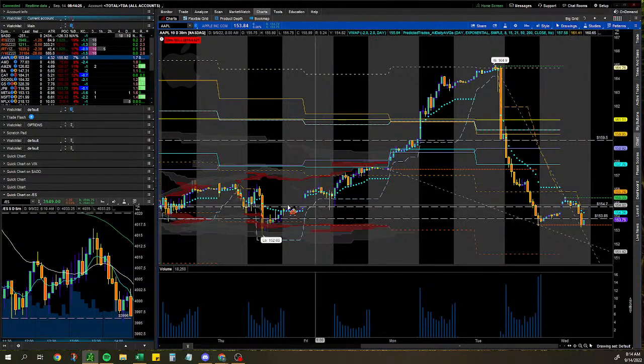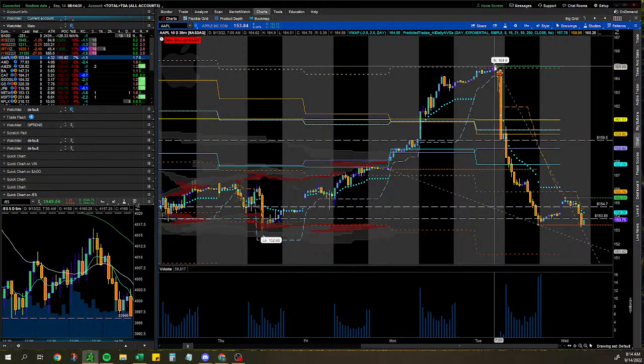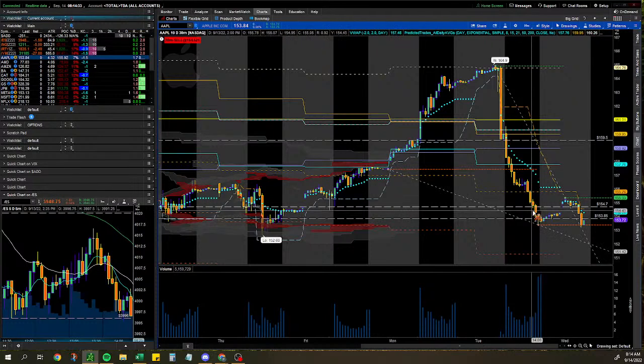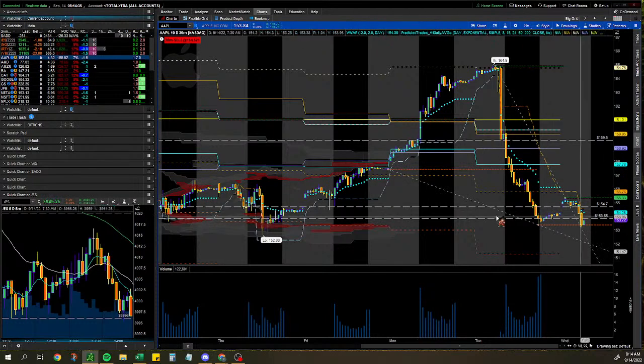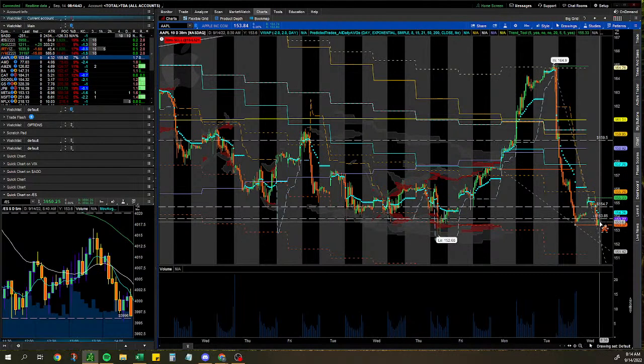dropping. Last week we held this zone, ran from it up to 165, and in one day we're right back to that zone. A lot of volume exchanged hands last week at this zone. So, somewhat expecting some defense of it.